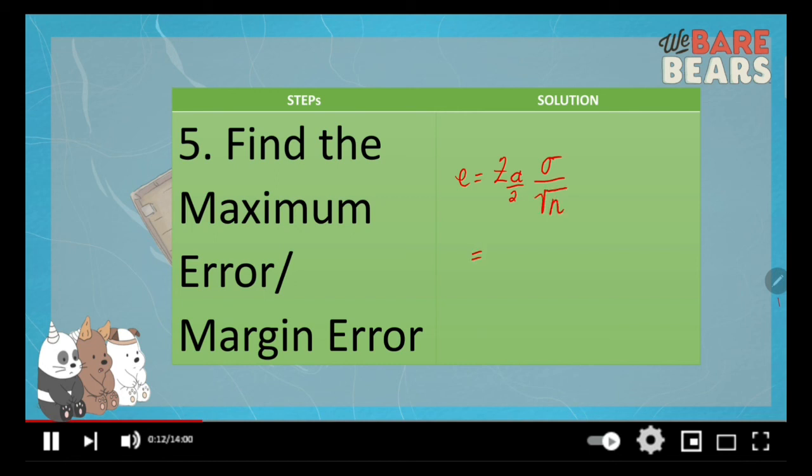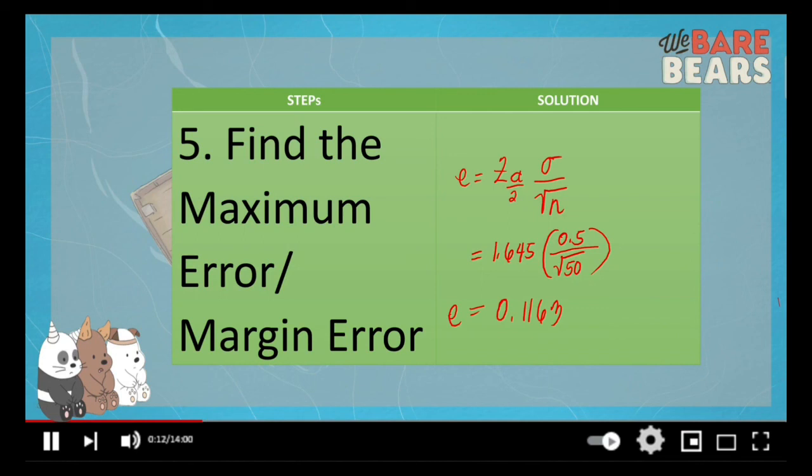So again, the z-value at 1 minus alpha over 2 with the confidence level of 90% is 1.645 multiplied by the population standard deviation, which is 0.5 hours, all over the square root of the sample size, which is 50. So we have square root of 50. Therefore, the margin of error or the maximum error is equal to 0.1163.